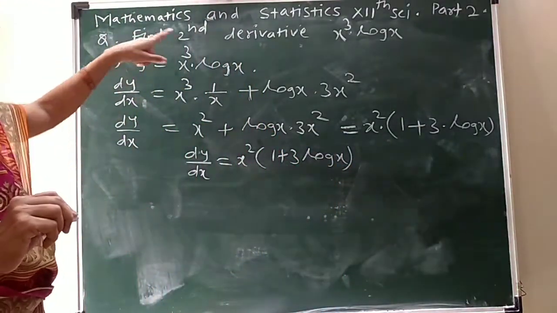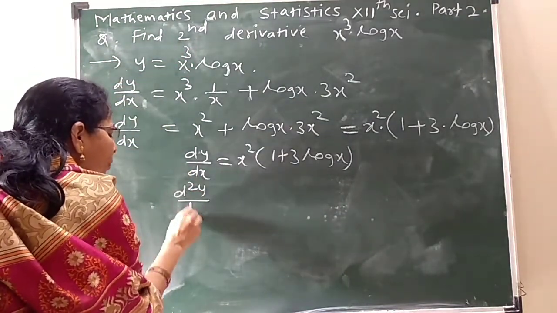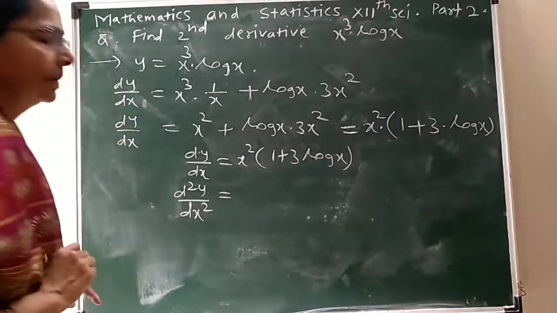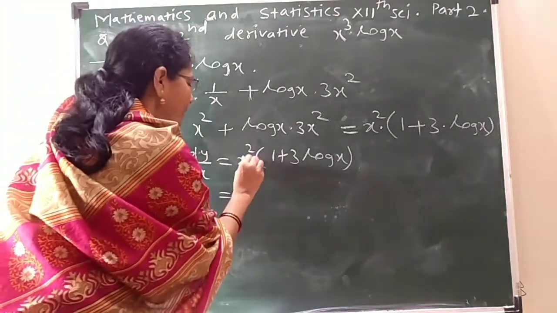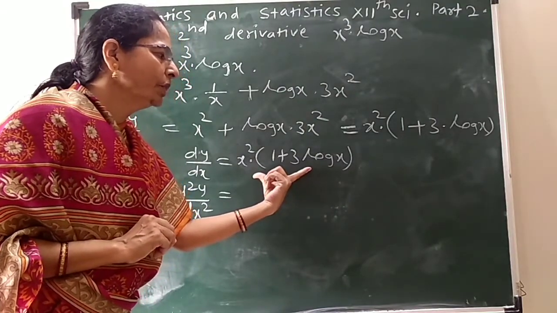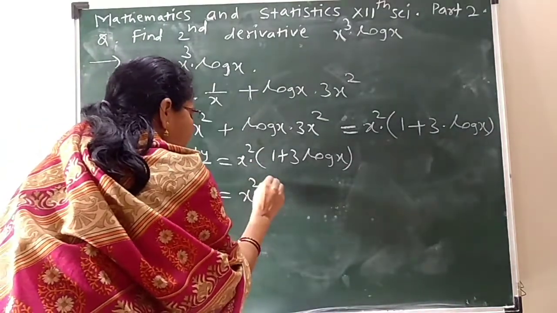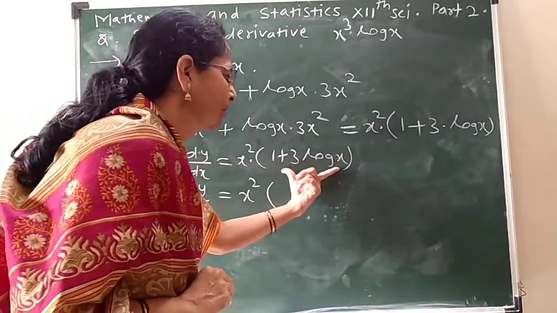But we require the second derivative, that means d2y by dx square. Here these are two functions in product form, so use the u into v rule. u is x square, times the derivative of this term.